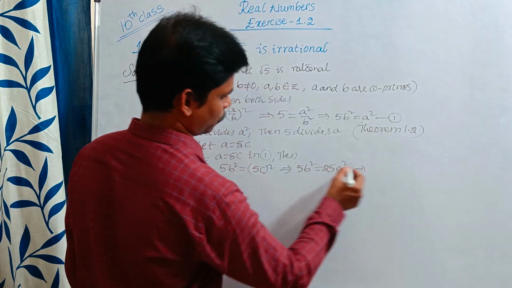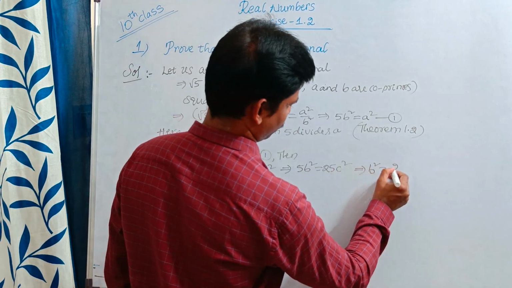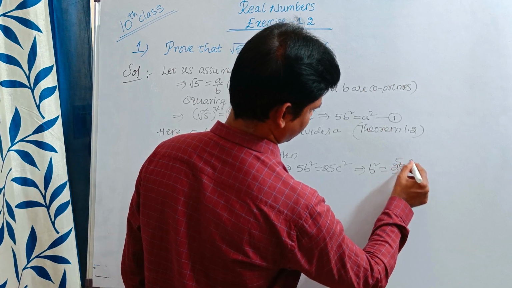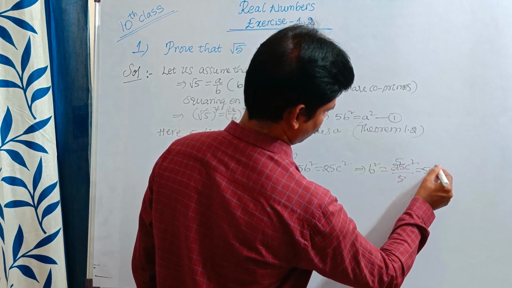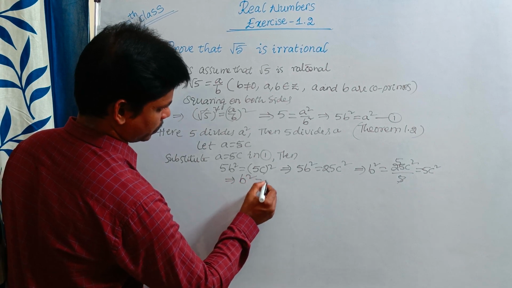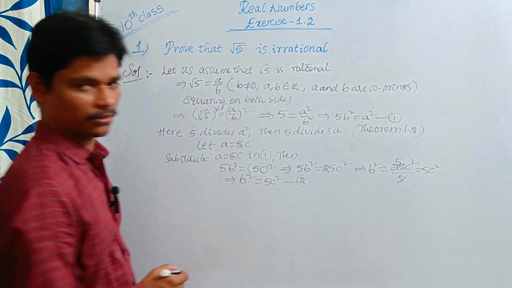Then b square is equal to 25c square by 5, and 5 ones are 5, 5 fives are 25. So b square is equal to 5c square. Take this as equation 2.